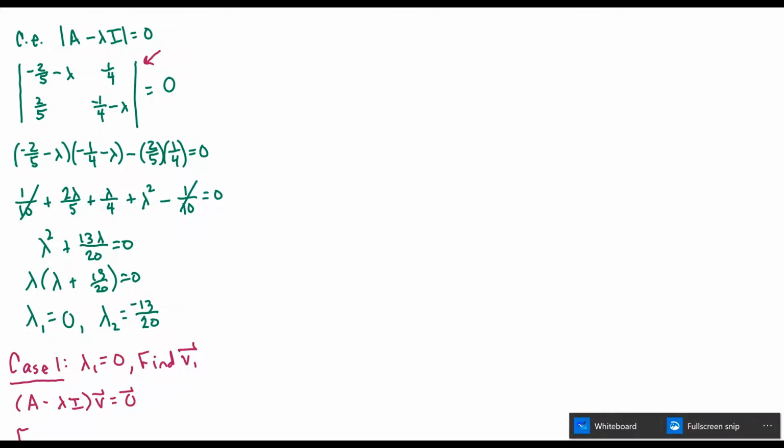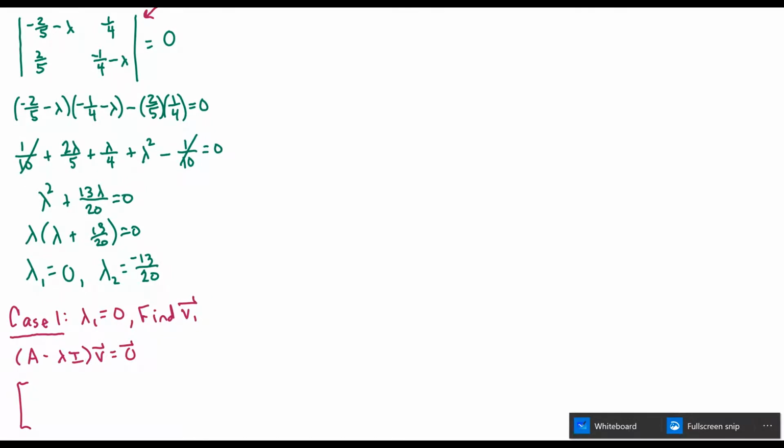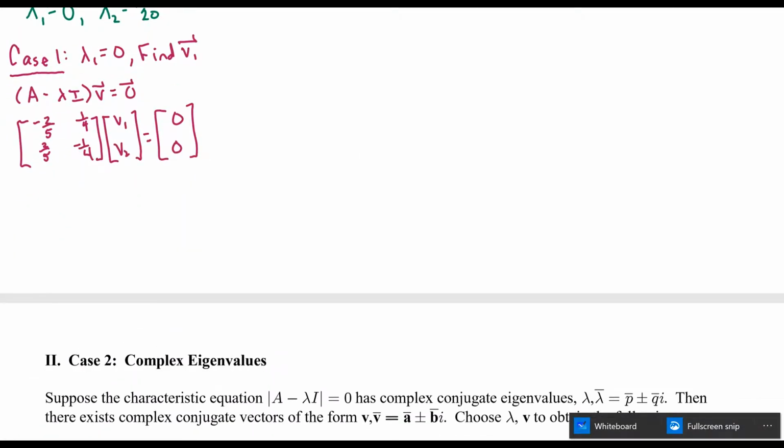So subtracting 0 along the diagonal does not change matrix A. We're going to end up with elements negative 2/5, positive 2/5, 1/4, and negative 1/4 times eigenvector with components v1, v2 equals a column vector of zeros. Now let's put these in equation form. In equation form, that's negative 2/5 v1 plus 1/4 v2 for equation 1. That is row 1 times column 1.